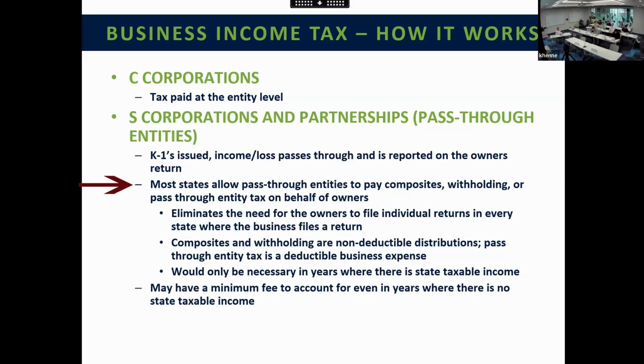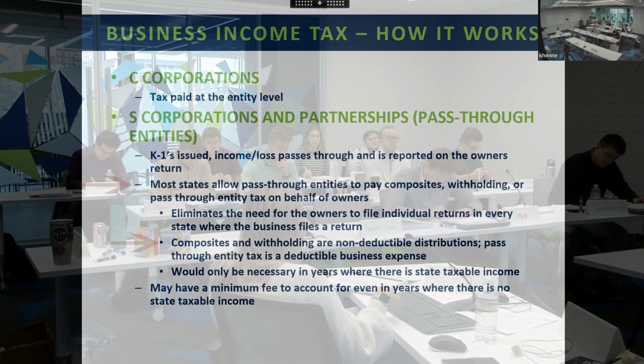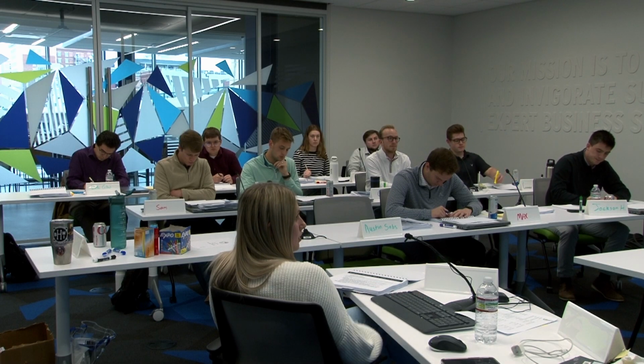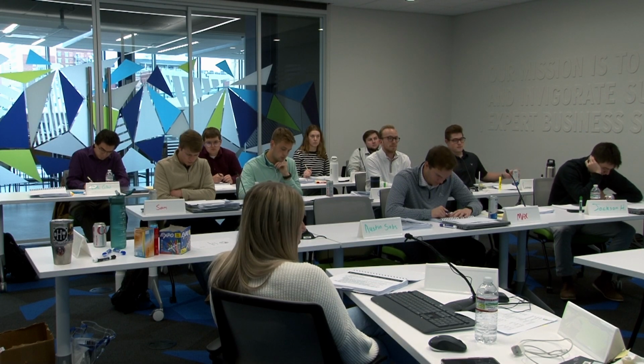These states allow the pass-through to make a payment on the owner's behalf so that all the owners don't have to file in all the states that the business files in. Composites, withholding, and pass-through entity tax are the three different types of tax that can be paid on owners' behalf by the pass-through entities to states. So the goal is that all the owners don't have to file everywhere that the business files.